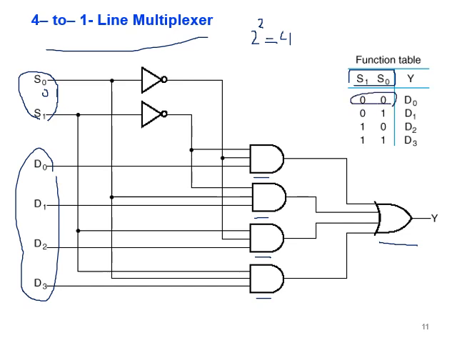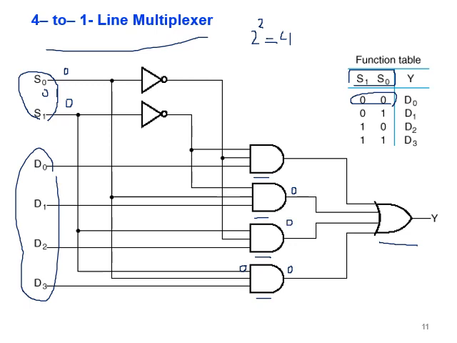S is 0, 0 here and 0 here. What will happen? You see, here will be 0. Then the output here will be 0, regardless of what is connected. And here will be 0, and here will be 0.